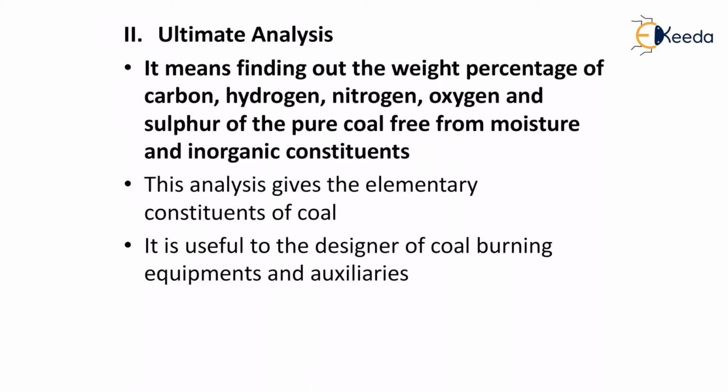Now why so? Because when I perform proximate analysis, I make sure that I am removing moisture, I am removing ash, I am removing different things from that coal, making the coal as pure as possible. That means all different inorganic constituents and moisture is being removed.